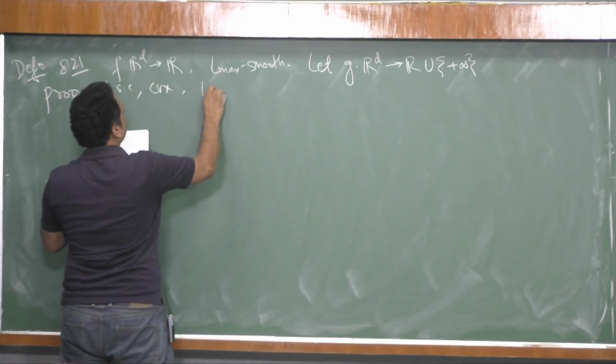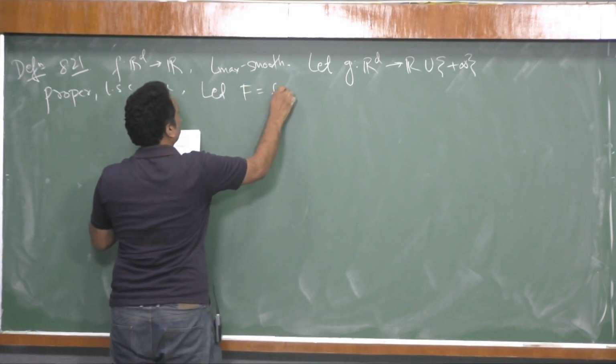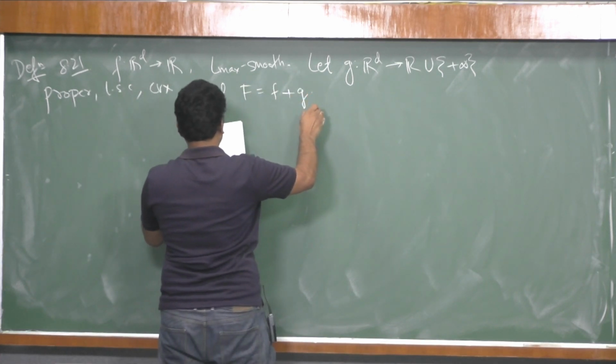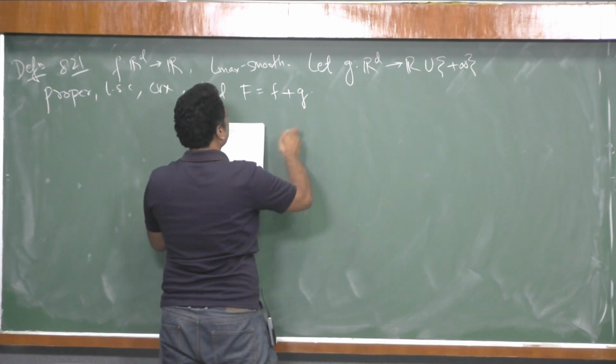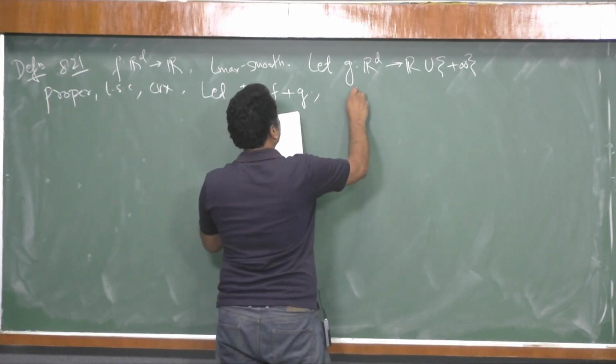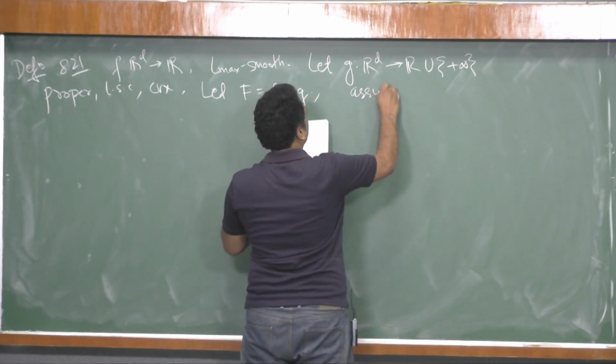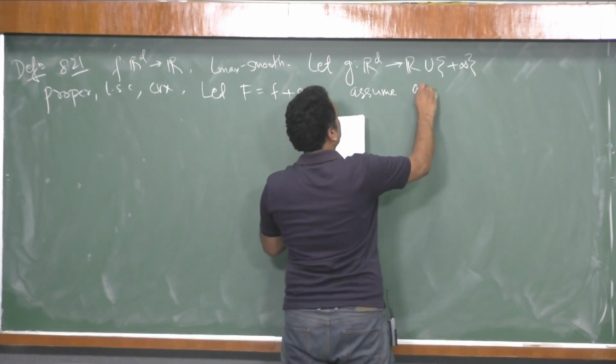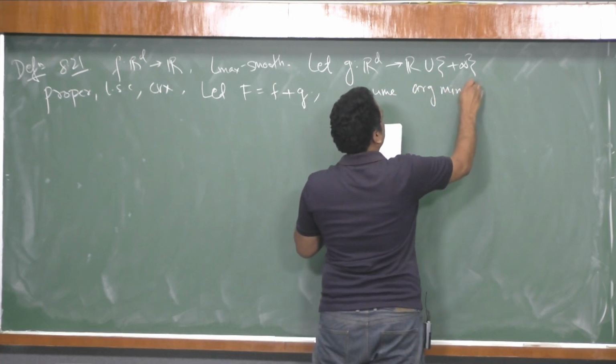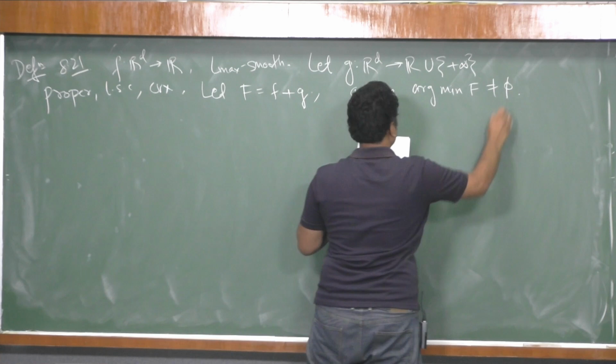Let capital F be f plus G, and let us assume that the minimizer exists. Okay, so assume it's well posed, right? So assume argmin of F is not empty.